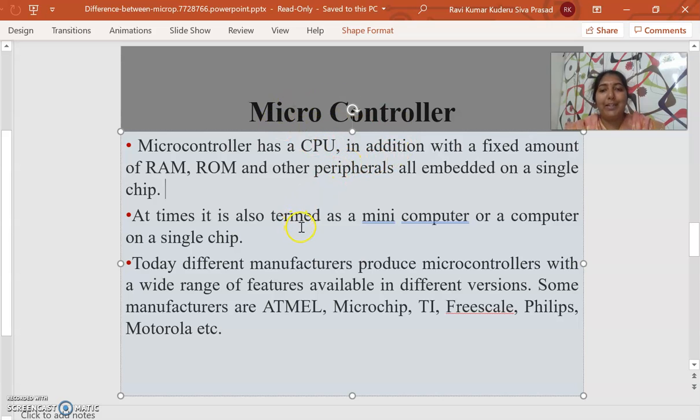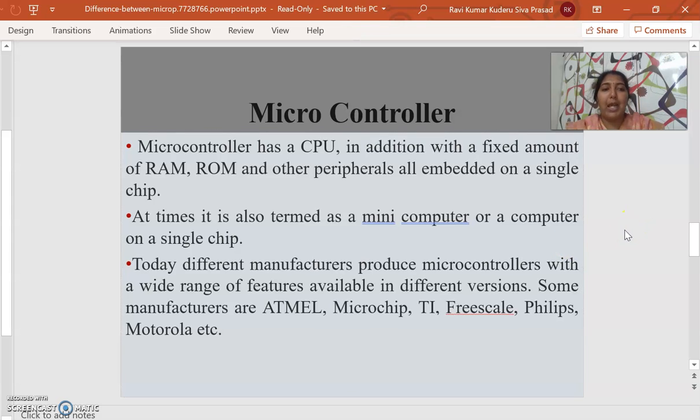So most of the time we can consider this microcontroller as a mini computer on a single chip. And coming to the application side, these microcontrollers are mainly used for embedded systems. Embedded systems are used for specific purposes or specific applications like our washing machines, microwave ovens, refrigerators. All those components can use this microcontroller.